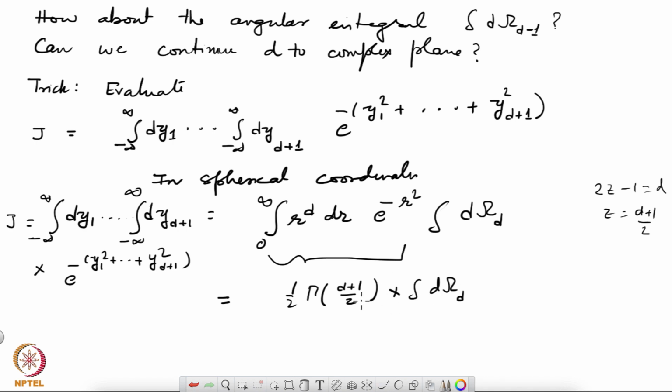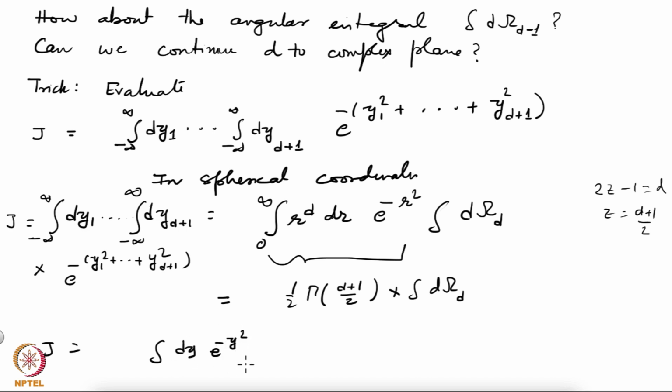The idea is that you look at this integral as d plus 1 integrals, the same integral repeated d plus 1 times. So you write J as integral dy1 e to the minus y1 square, but then dy2 e to the minus y2 square, which is exactly the same integral as this one.